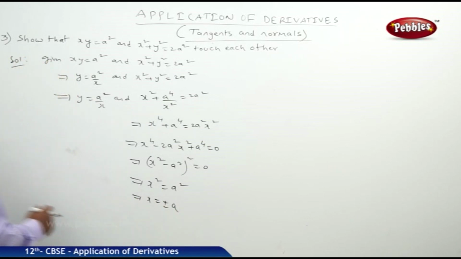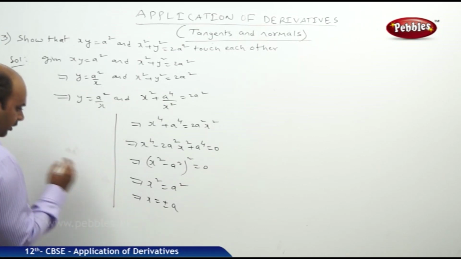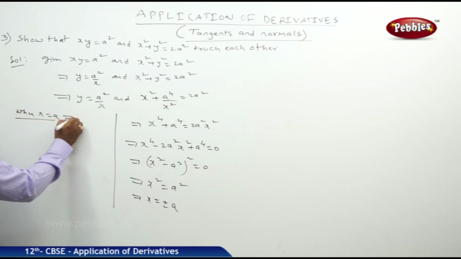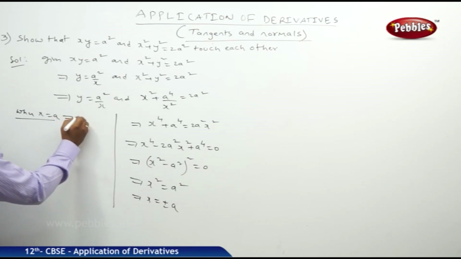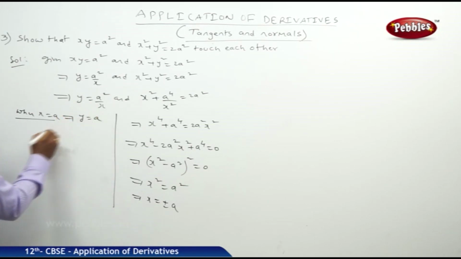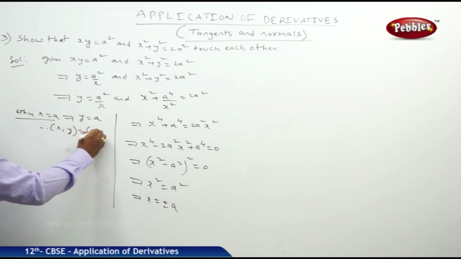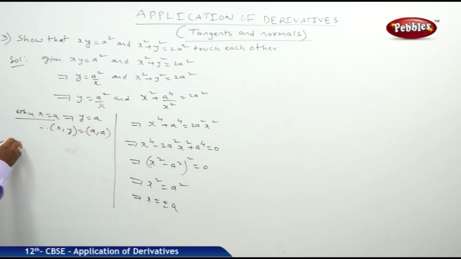One is x is equal to plus a and the other is x is equal to minus a. Now here we should be very careful. When x is equal to a, what am I getting? I will be substituting here. When x is equal to a, y is equal to a. Therefore one point of intersection I got is (a, a).